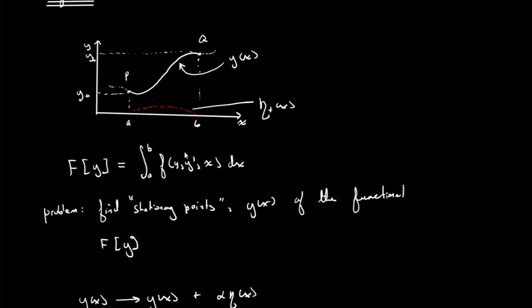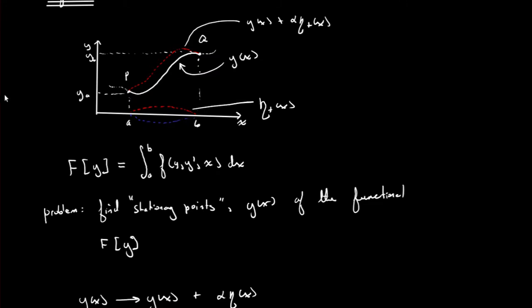I've had eta plus of x vanish at both a and b, and then if I draw up here what alpha eta of x plus y of x might look like, what I'll get is something like this. So I might call that y of x plus alpha eta plus of x. And of course we can have any kind of displacement we like. So our displacement might look like this as well.